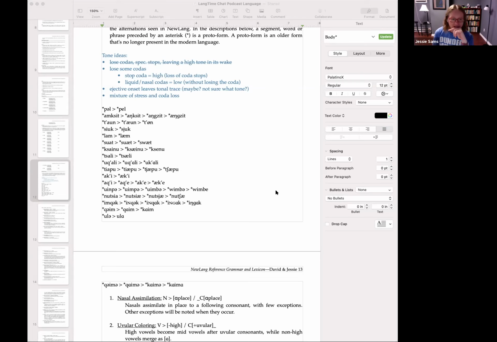Oh, there are some good articles on the preceding vowel duration, but that doesn't help when we're looking at ejectives as onsets.